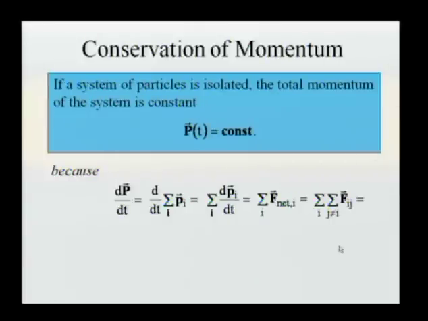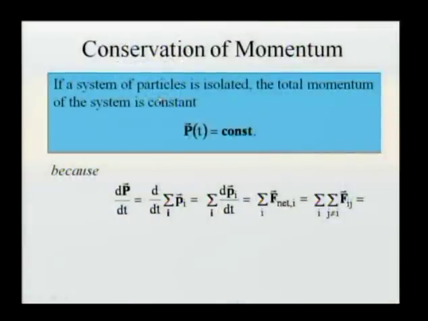Now I wrote it that way. What did I do over here? Well, because now this is net force on ith particle. Let's think about that. In the system we have 5 particles, right? So what exerts force on the first particle if the system is isolated? The remaining 4 particles, right?